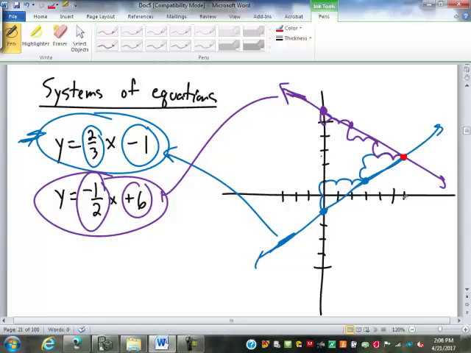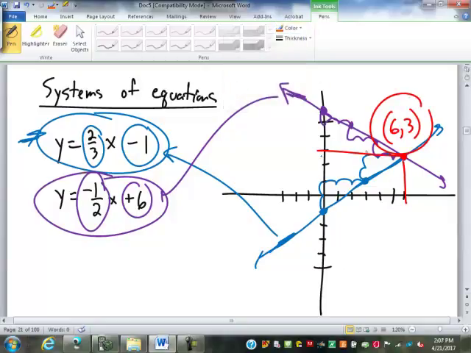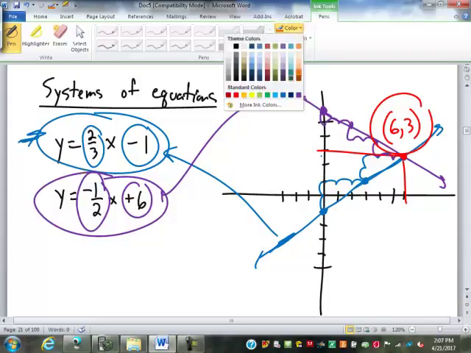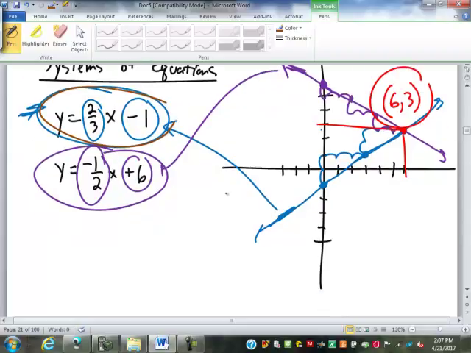That point looks like 6, 3. To be sure, we should go back and test it, because our lines on the graph could be slightly off, slightly sloppy. So we go back to both equations and try 6 and 3 for x and y.